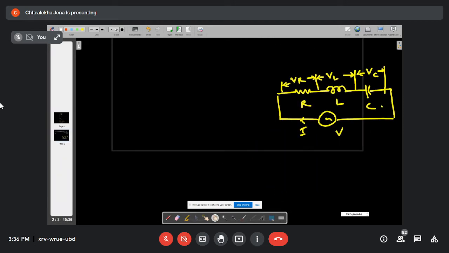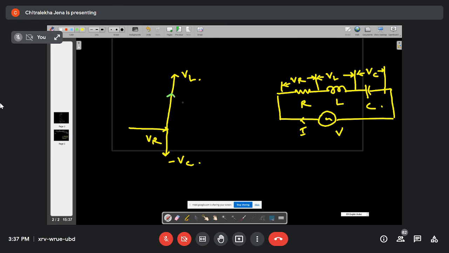Yes, VR plus VL plus VC. Now I have already drawn the voltage triangle for the RLC series circuit. This one is your VR, this one is your VL, this one is your minus VC.